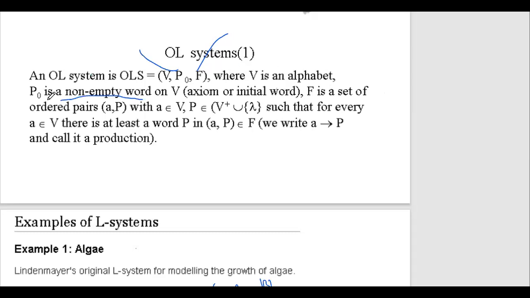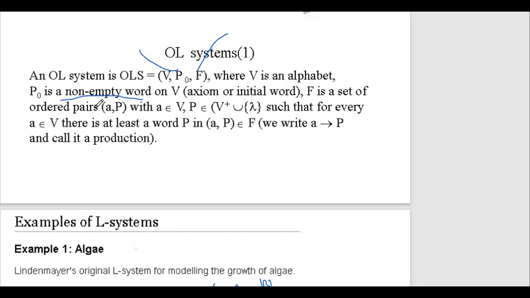So with symbols in the alphabet, you can define these kinds of ordered pairs. P is a rule, P is another word, and A is a character, a symbol in this alphabet set.